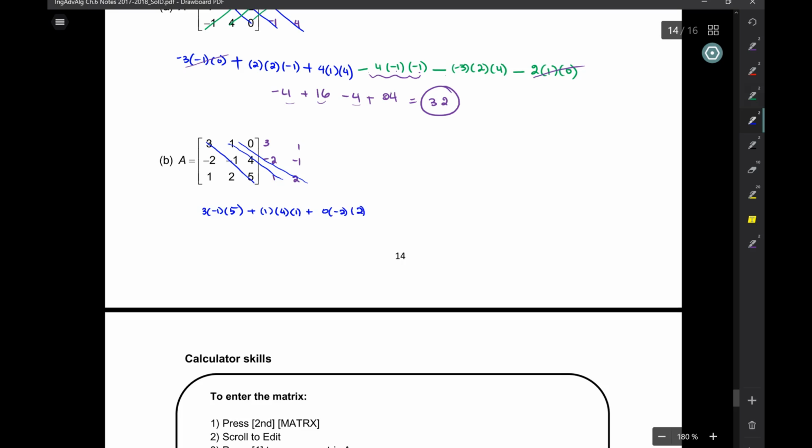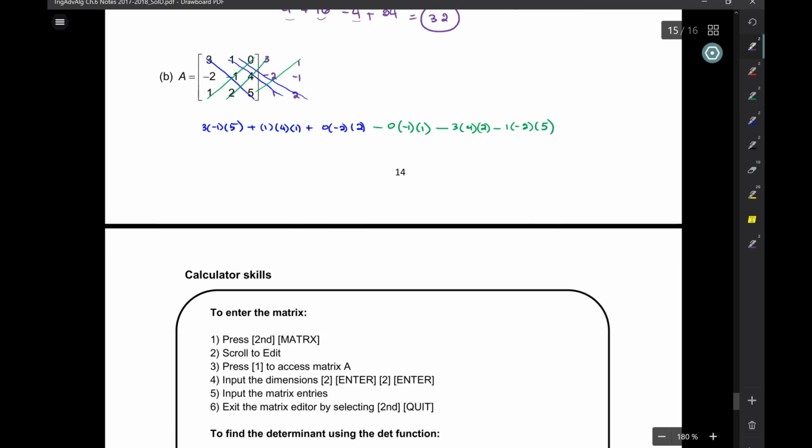Okay, now, minus for the other direction, right? 0, -1, 1. Again, I put in my minus sign before I go back to the matrix, so as not to confuse double negatives and things like that. So 3, 4, 2, minus 1, -2, 5.